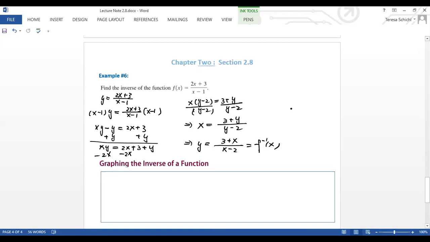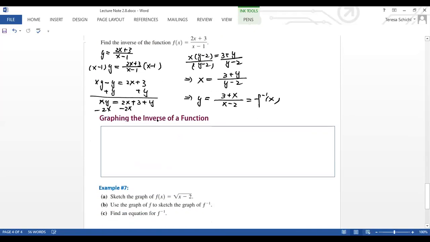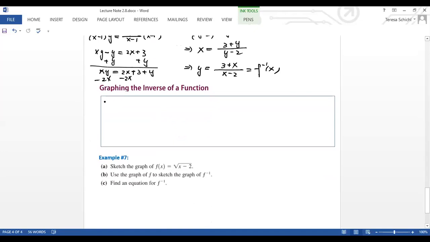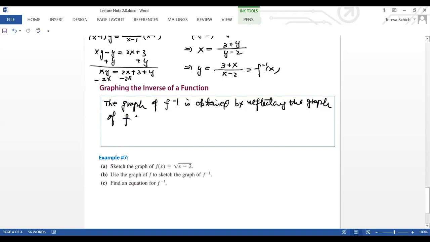Okay, so now the graphing of the inverse function, this is quite interesting here. So the graph of the f inverse function is obtained by reflecting the graph of y equals f in the line y equals x, right?